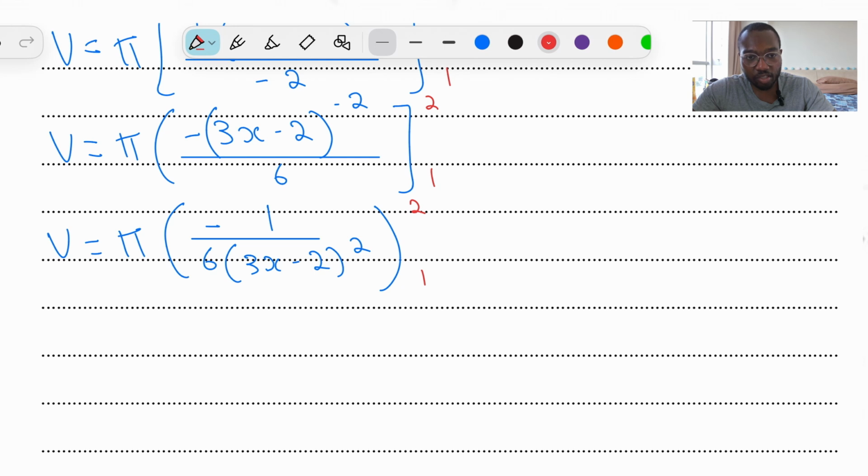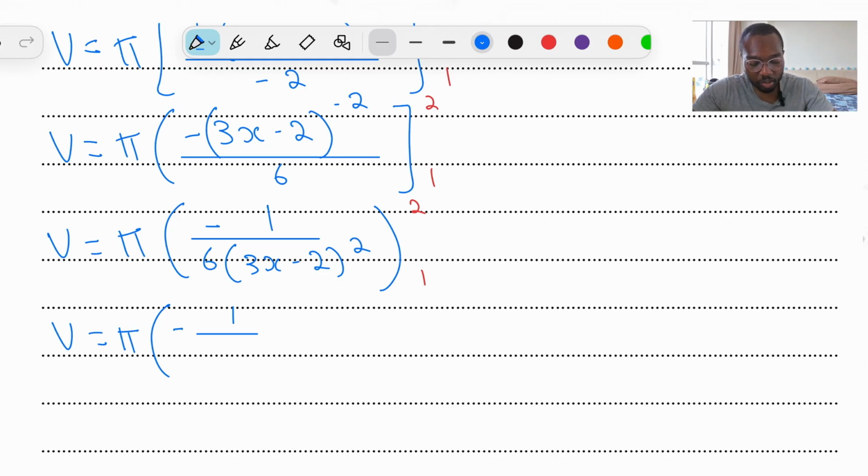And now let's just work out what this is. So we get V, and that will be equal to pi. Then in brackets, if we put 2 in, we get minus 1 over 6 times (3x minus 2) squared.